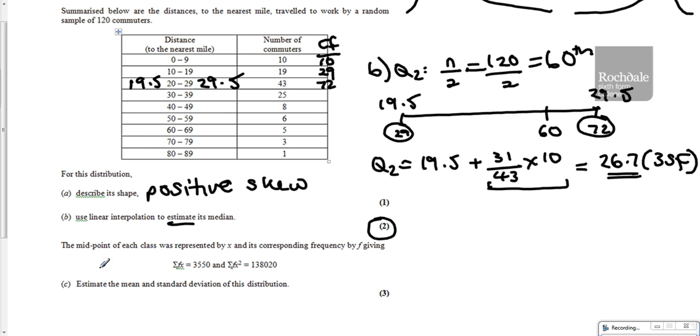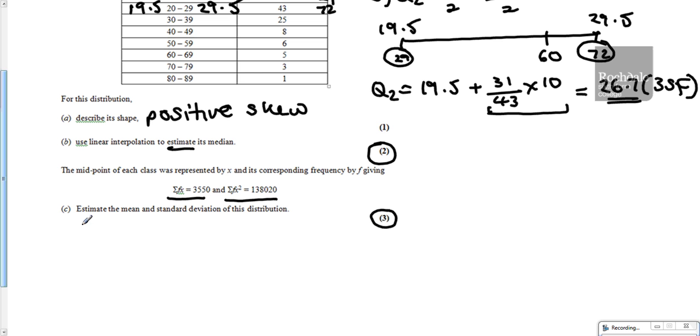Now, it's asking us to work out the mean and standard deviation of this distribution. Again, estimates because it's group data. And it's only 3 marks, but notice how they've already given us some calculations. So instead of having to add on the extra columns and work them out for ourselves, which is quite time consuming, they've actually told us those values. That saves us lots of time.